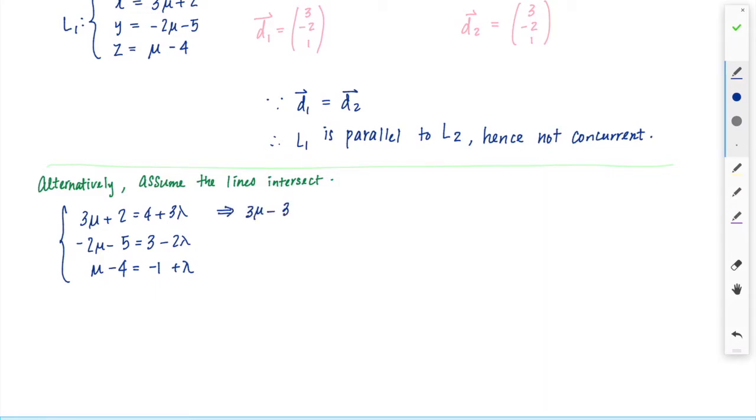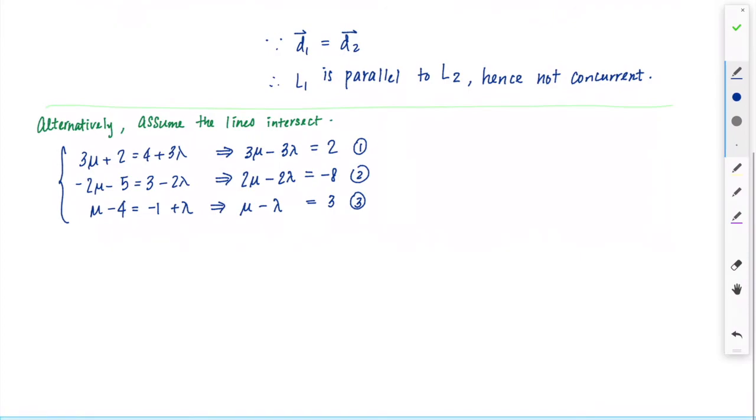So 3 mu minus 3 lambda is 2. I have negative 2 mu plus 2 lambda, or 2 mu minus 2 lambda is negative 8. And then mu minus lambda, negative 1 plus 4, 3.